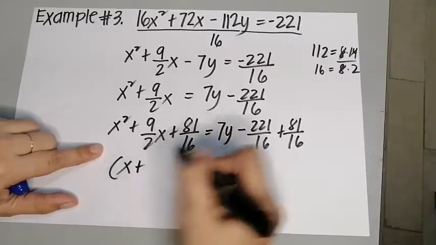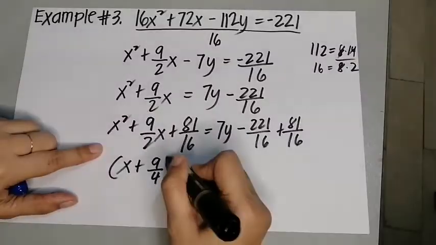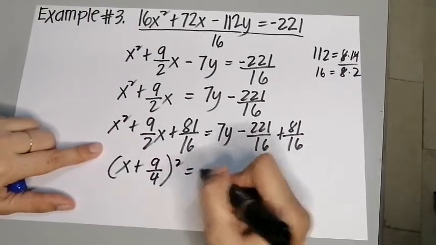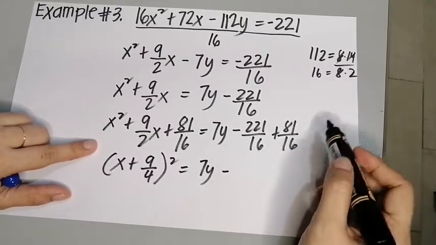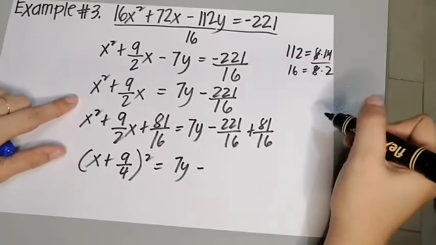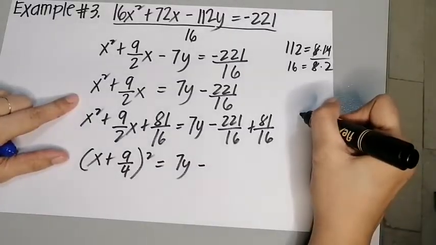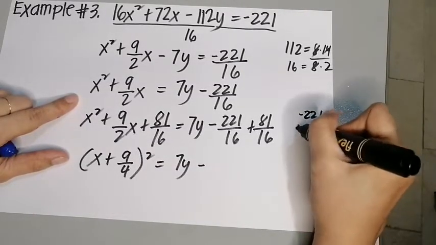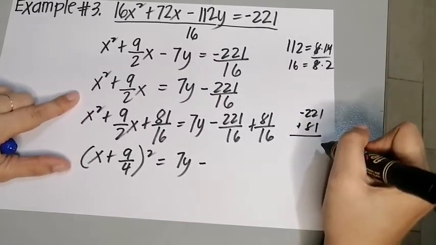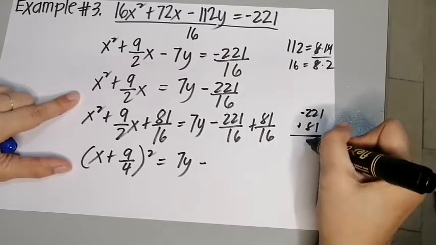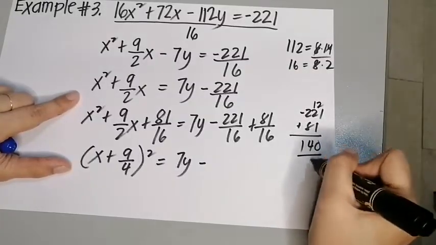You have x plus the square root of 81 over 16, which is 9 over 4, quantity squared, equals 7y minus... negative 221 plus 81 is negative 140, over 16.